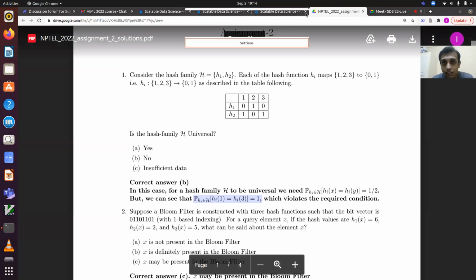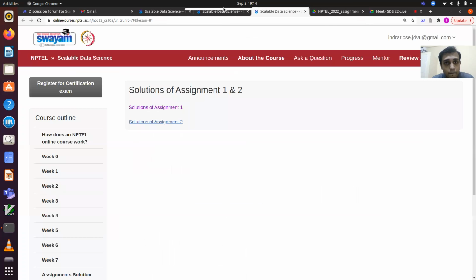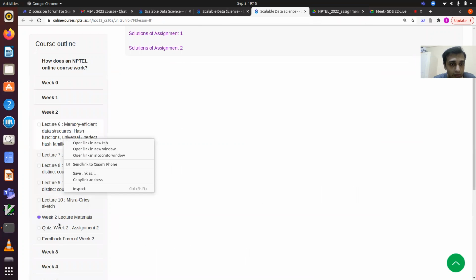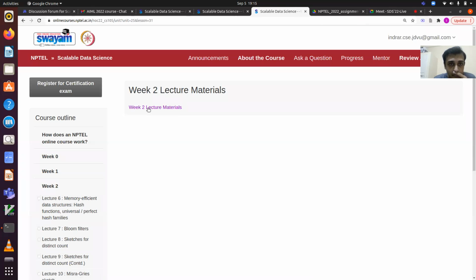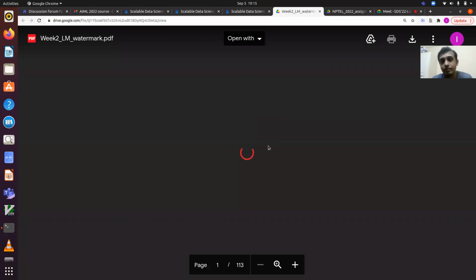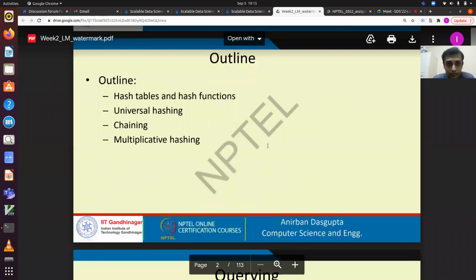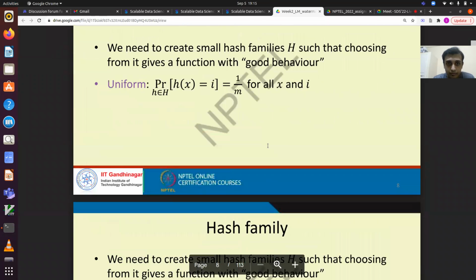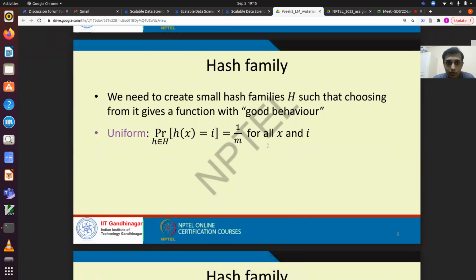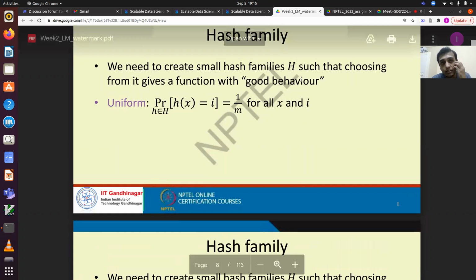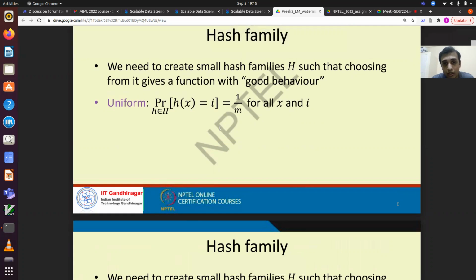To clarify, let us look at the slides once. To define a good hash function, you want it to be uniform in its mapping.